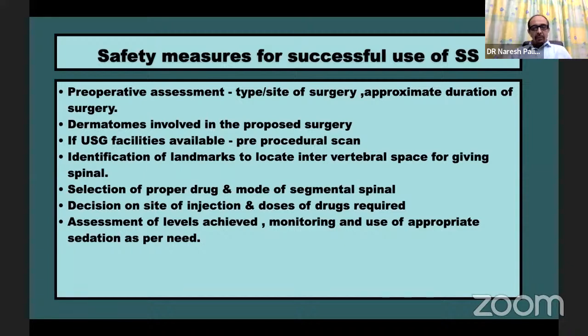Identification of the landmarks to locate the interspace for giving spinal. Selection of proper drug and mode of segmental spinal, whether you want to use a single shot segmental spinal or an epidural along with that. Decision on the site of injection and doses of the drugs required. Assessment of levels after giving spinal, then monitoring and use of appropriate sedation as per need.